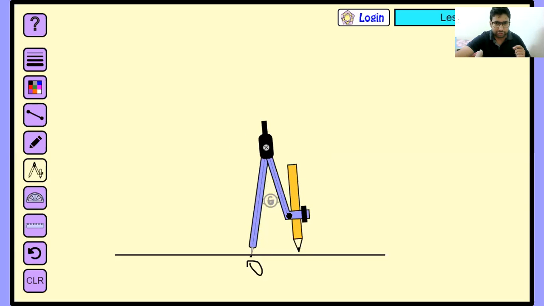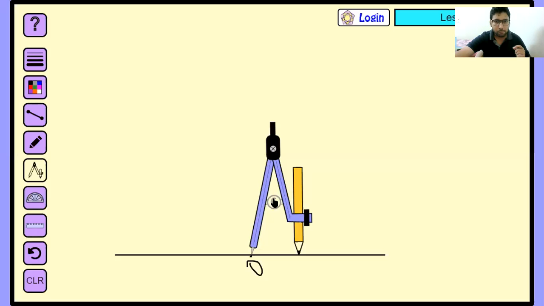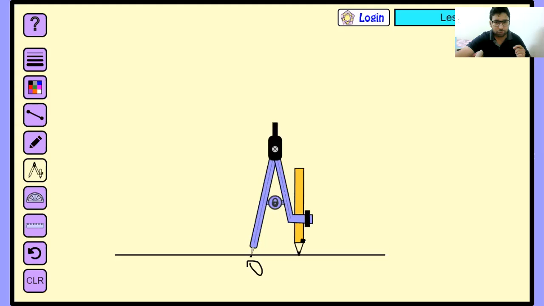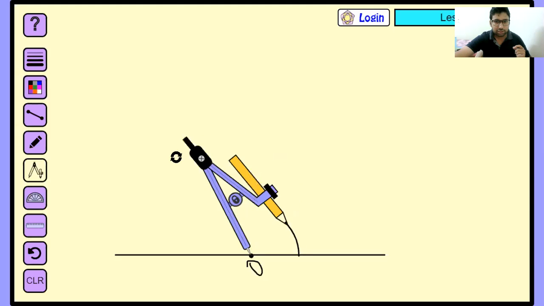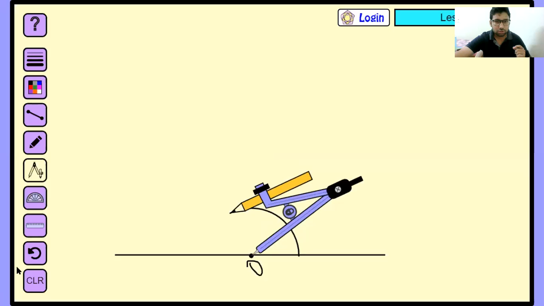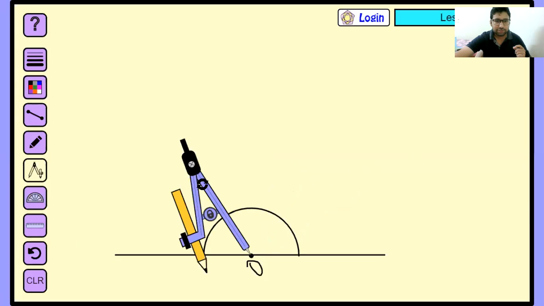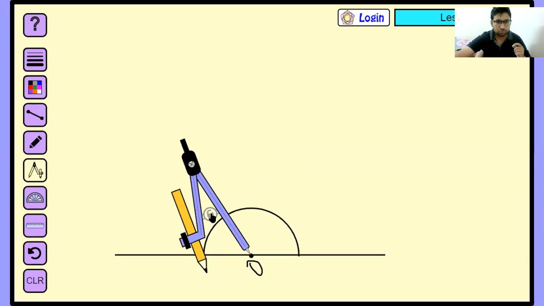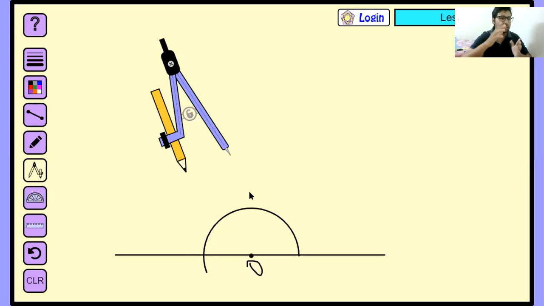So this is the semicircle that we have drawn. Now, we should not remove it like this. Now, without disturbing the compass, what should we do? We should name these points. Sir, compass is lazy.